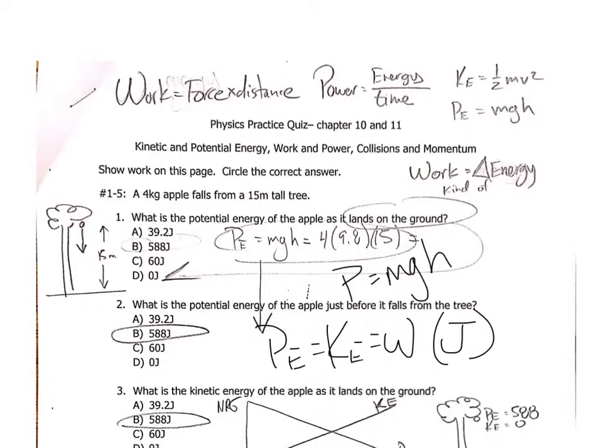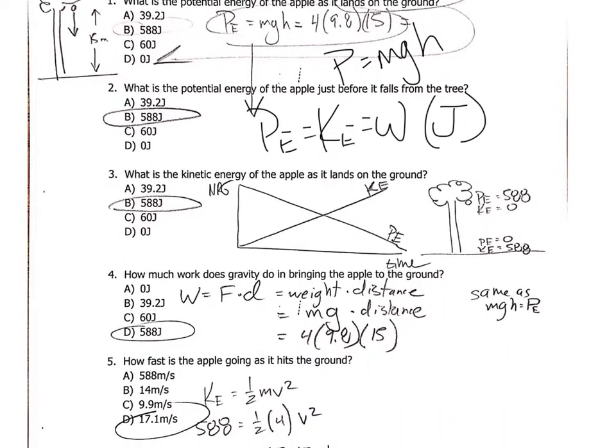All right. Number 3, what is the kinetic energy of the apple as it lands on the ground? What I've drawn here is a graph of time, so as time goes on, what's going on with the energy? Kinetic energy is going to increase as time goes on. Potential energy is going to decrease as time goes on because the apple is falling.